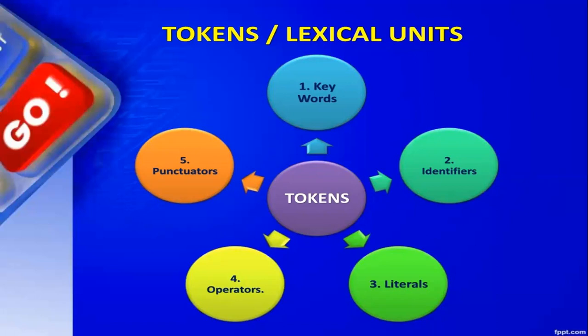Punctuators are the symbols which can be used to separate values or to enclose some values together to form groups. And I'm sure you remember the hashtag. The hashtag symbol is used to insert comments, but it is not a token. Any comment is not a token.